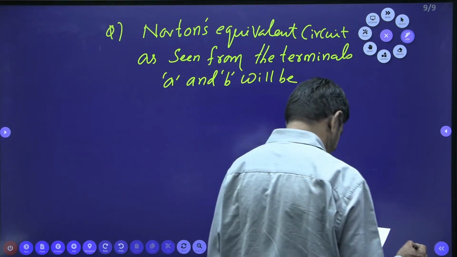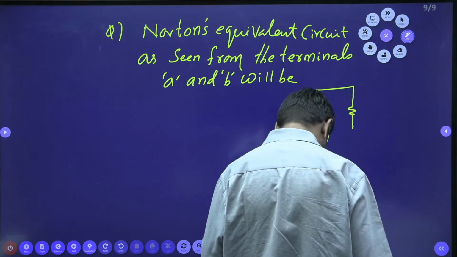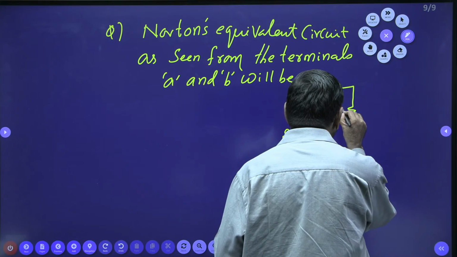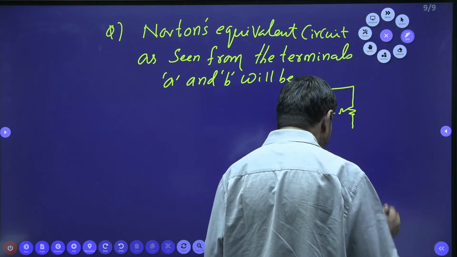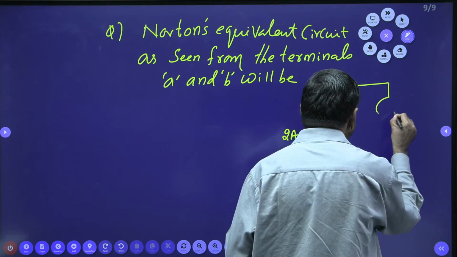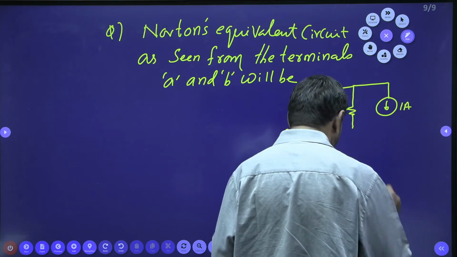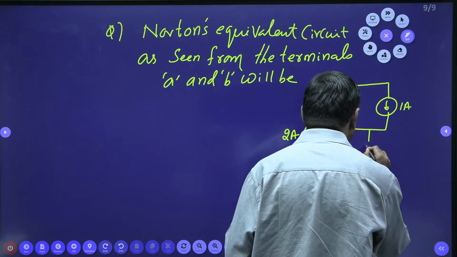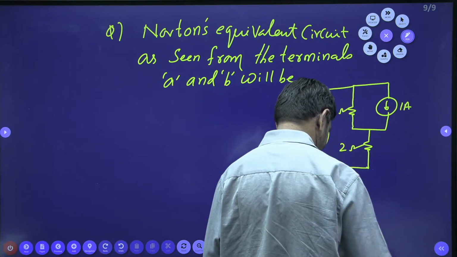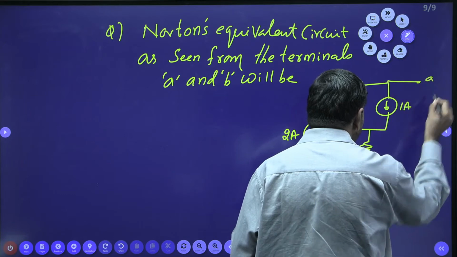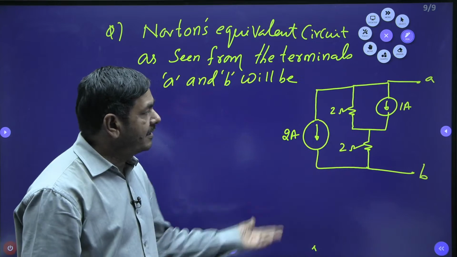Here I got one resistor, which is given as 2 ohm. And here it is connected with a 1 ampere current source. This side it is passing 1 ampere. And a 2 ohm resistor is connected this side. This point is A, this point is B. This is the given problem.